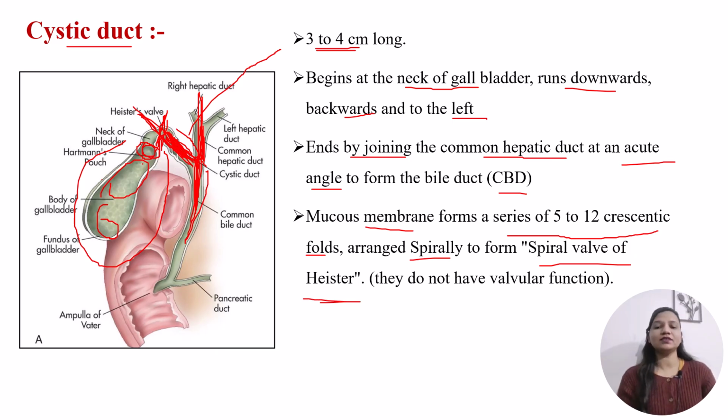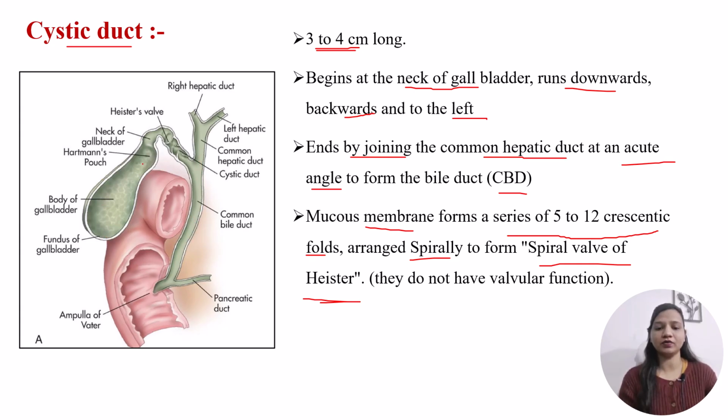So what is this spiral valve of Heister? We have already discussed it in the previous lecture while reading about the neck of the gallbladder. We discussed that the neck contains spiral folds of mucus, which are used to prevent the backflow of the bile.